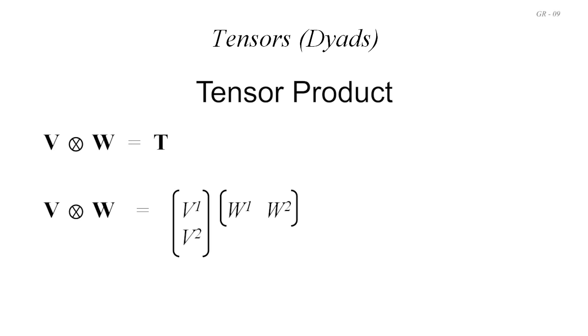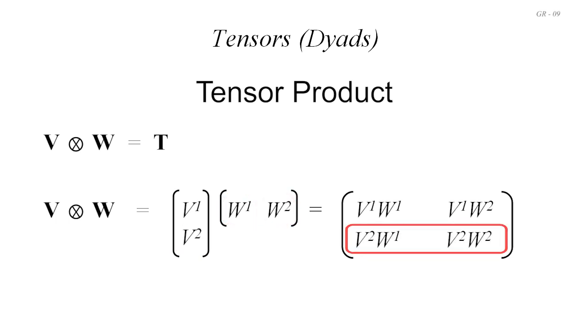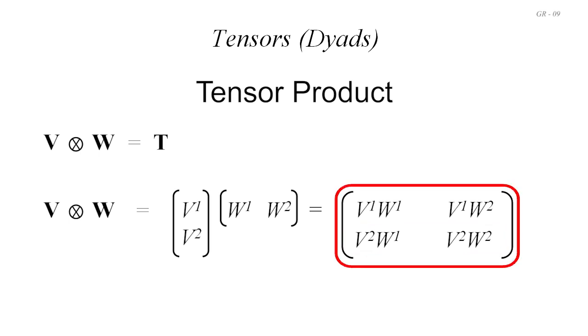The process is that the component v1 would first multiply each of these components of w, and the result would make the first row of a tensor. Then v2 would multiply them and make the second row of the tensor. In two dimensions, we would therefore end up with a 2x2 tensor with 4 numbers in it, and each of those numbers would be a scalar.